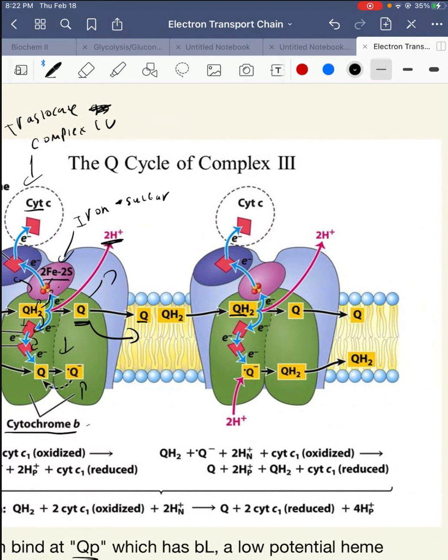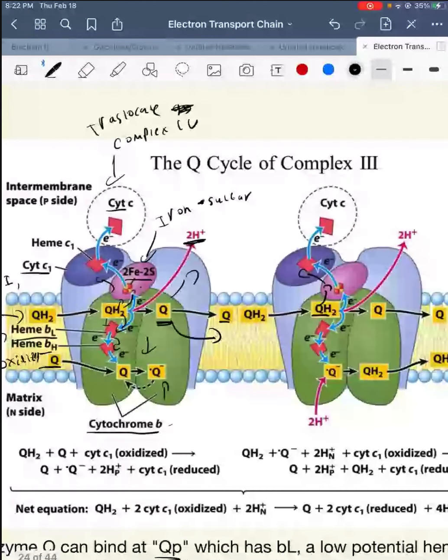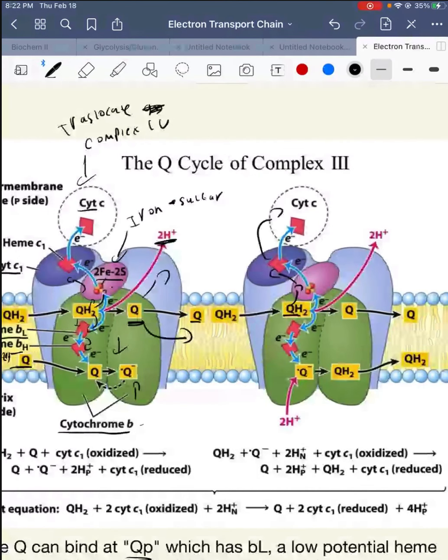And then this reduced coenzyme Q does the same thing. It gives 1 electron up here to iron sulfur. The iron sulfur gives the electron to cytochrome C1, and then cytochrome C1 gives the electron to cytochrome C. And when it does that, it pumps 2 more protons, so in total we have 4 protons pumped.